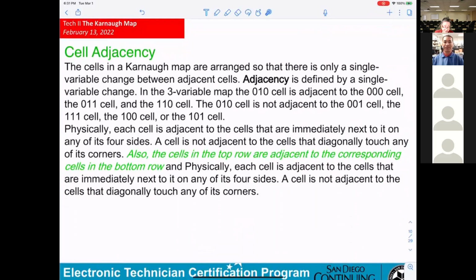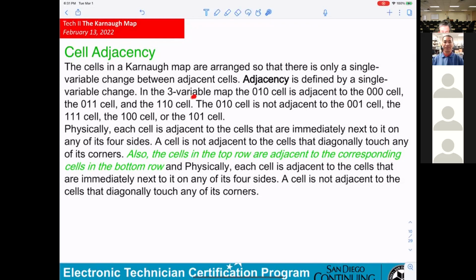Cell adjacency. The cells in a Karnaugh map are arranged so that there is only a single variable change between adjacent cells. Adjacency is defined by a single variable change.